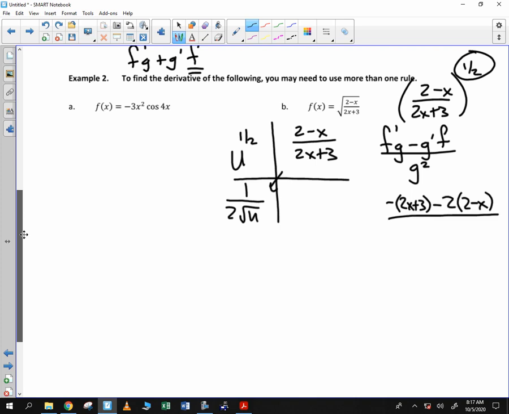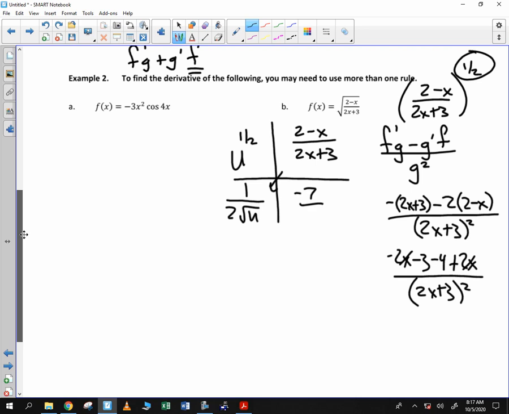That's all over the bottom squared, or 2x plus 3 quantity squared. As I deal with the top, I have -2x minus 3 minus 4 plus 2x over 2x plus 3 quantity squared. My 2x's are gone, and so you have your derivative -7 over 2x plus 3 quantity squared.